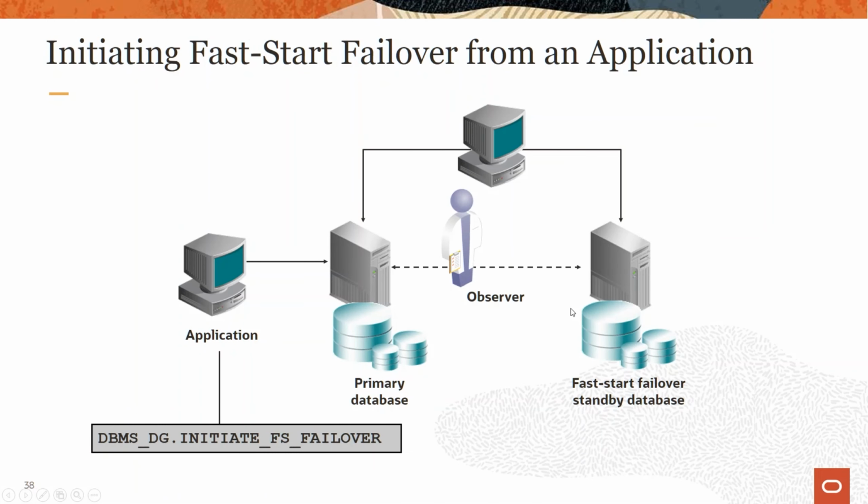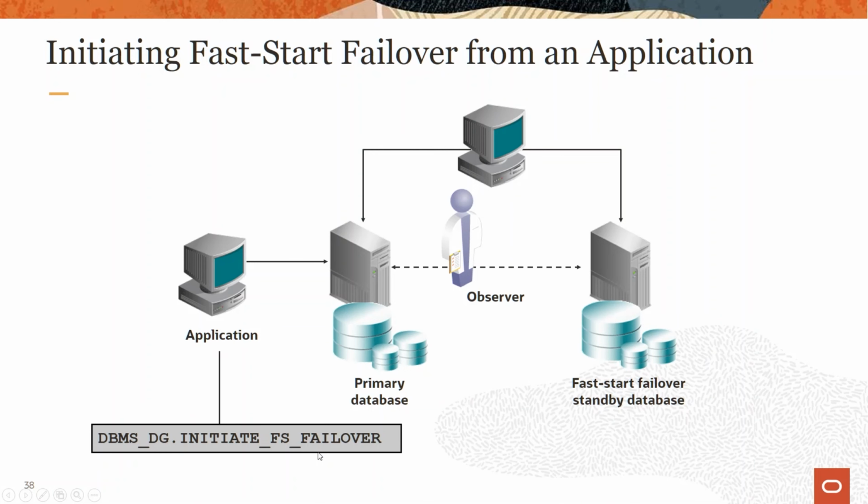Other than time-based and predefined conditions, you can also initiate fast start failover from an application. In the application, you add the code: the application connects to the primary database, and then you add application logic. If the application logic and each condition meets the fast start failover condition, then the application invokes DBMS_DG.INITIATE_FS_FAILOVER.